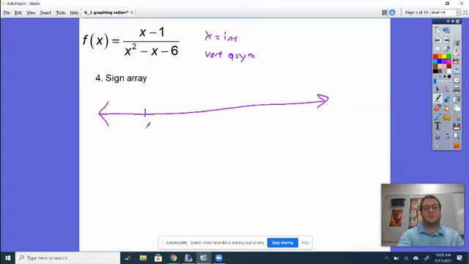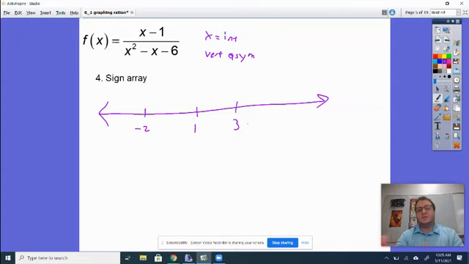I'm going to start off with -2, because that was a vertical asymptote. I'm going to put 1 because that was my x-intercept, and then I'm going to put 3 because that was my other vertical asymptote.